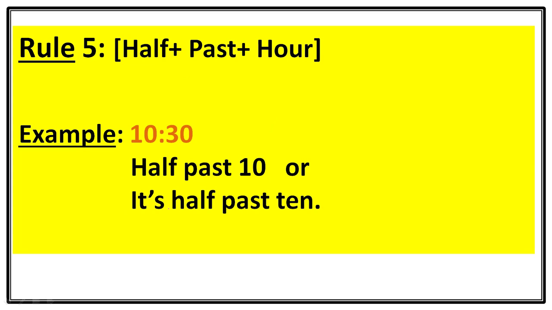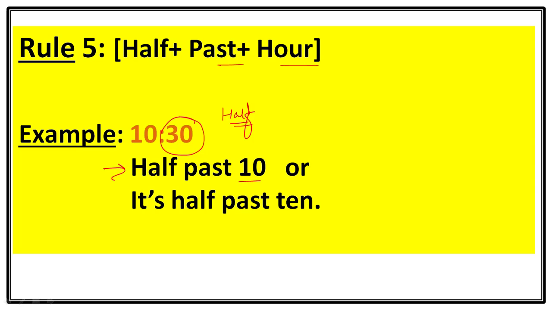It's quite simple. Let's see rule number 5, which says half plus past plus hour. Wherever you see 30, you have to use half. Here, 30 minutes have passed, so you have to tell this time like half past 10.